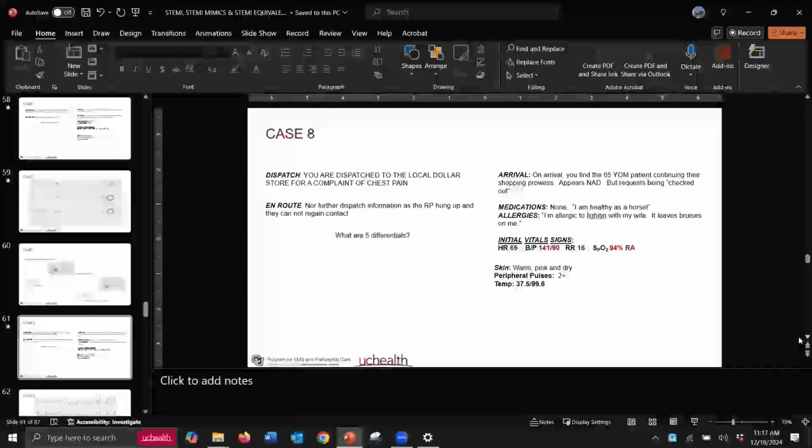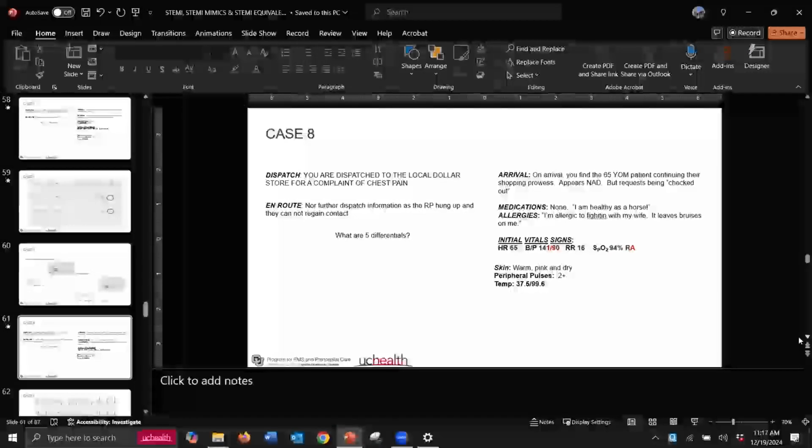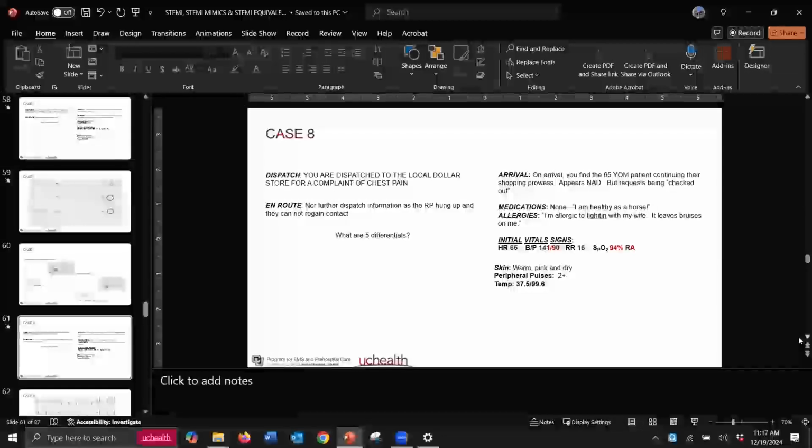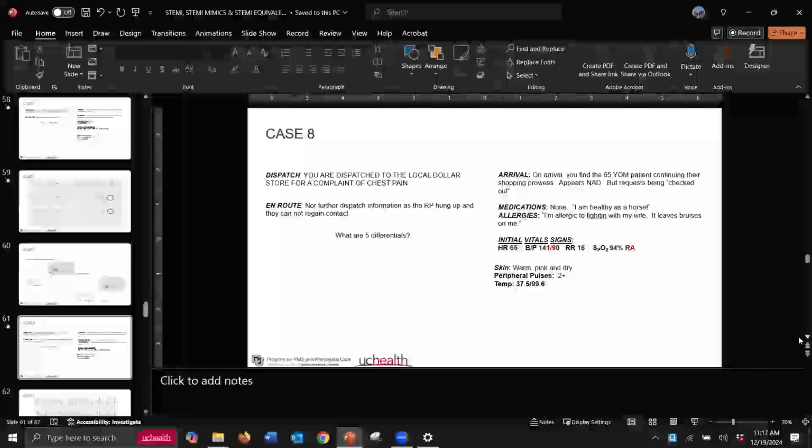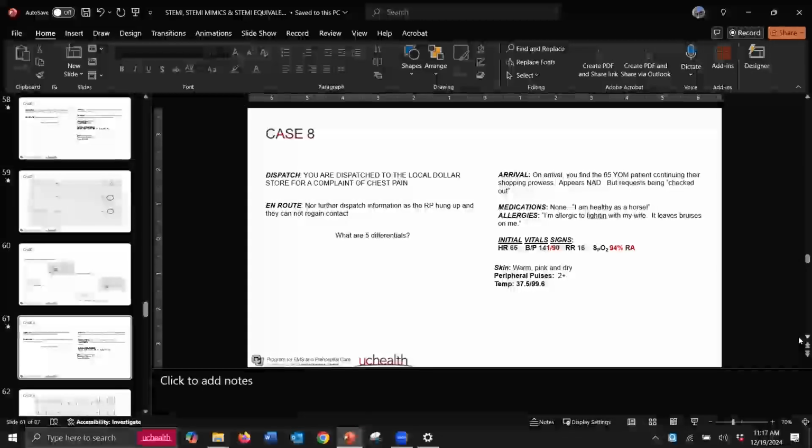That's good. Case 8. You're dispatched to the local dollar store, that's one of 7, for a complaint of chest pain. No further information as the RP hung up and they cannot regain contact. All right, so what are you thinking? Chest pain. Not even an age or gender.